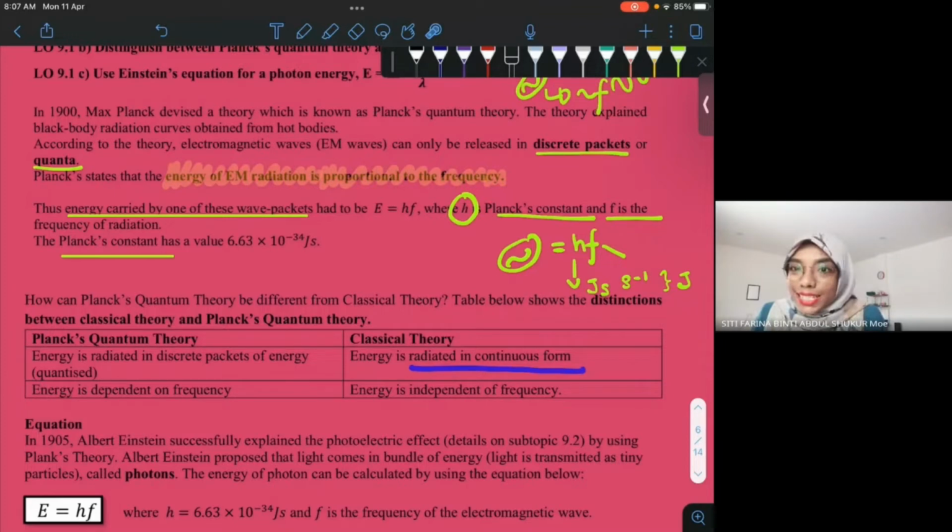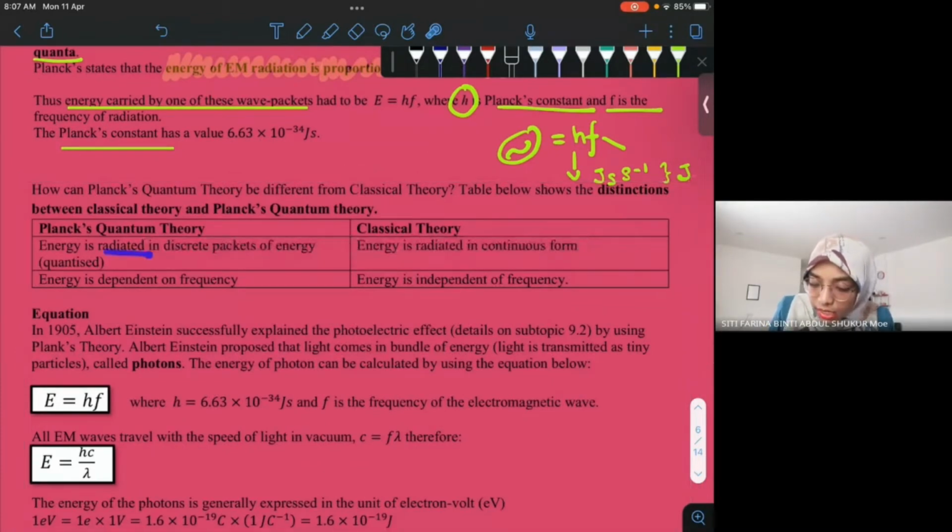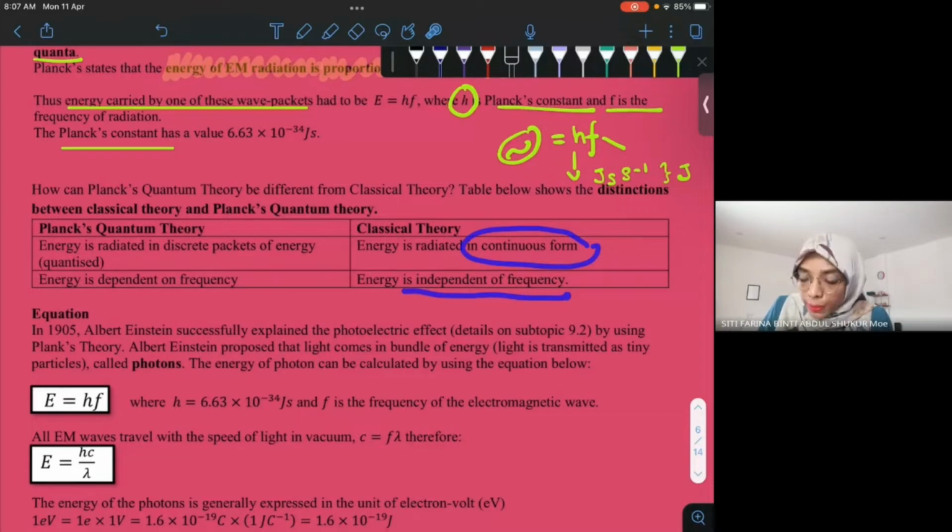This was classical theory. However, according to Planck's experiment, he managed to deduce that no, the energy is not radiated in continuous form, but they are radiated in discrete packet of energy, which means they are quantized lah. And then according to the classical theory, since the energy is in a continuous form, it is independent of the frequency.